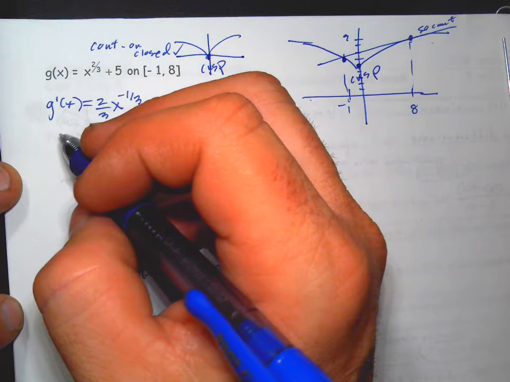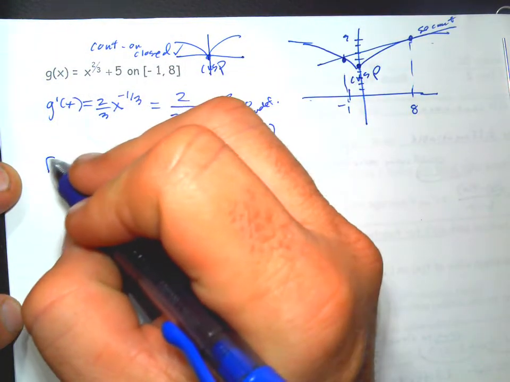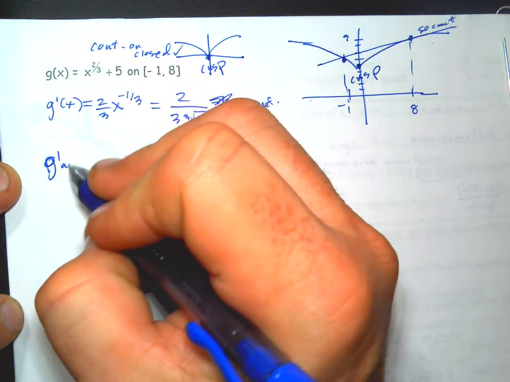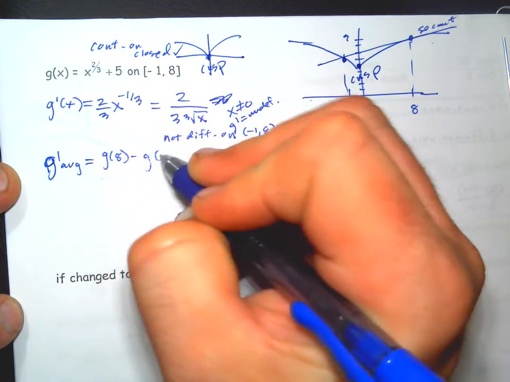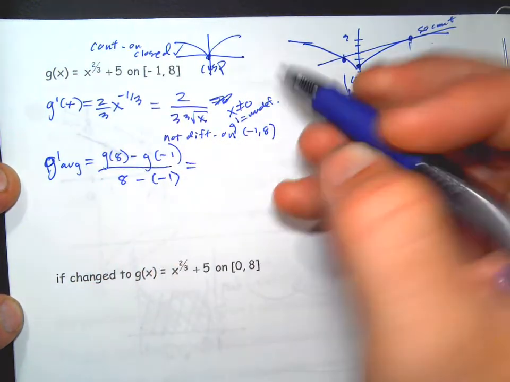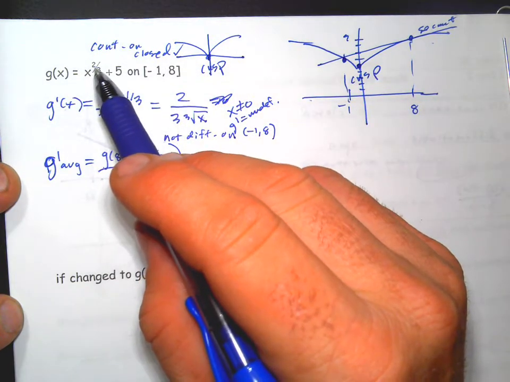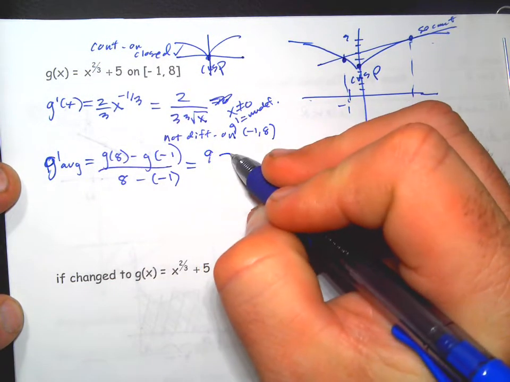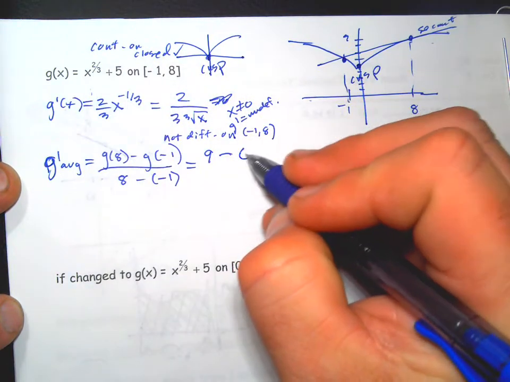Anyways, we could do G prime average equals G of 8 minus G of -1 over 8 minus -1. This is dangerous. I think on this problem, it actually kind of works out. Cube root of 8 is 2, squared is 4, plus 5 is 9. -1: cube root is -1, squared is 1, plus 5 is 6.